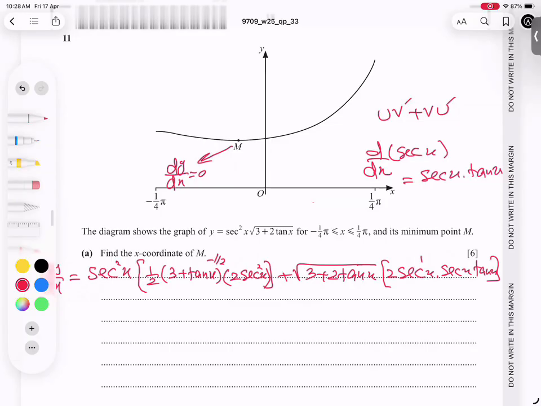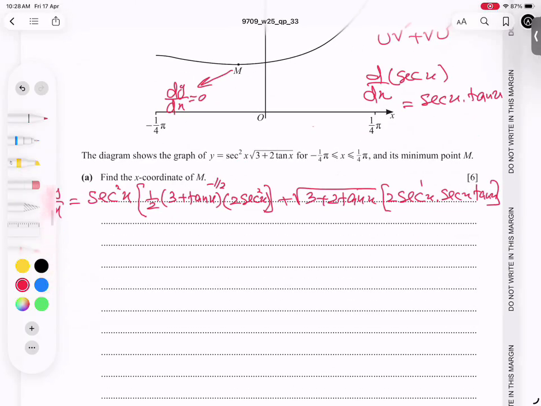Now, students, I can continue and put the derivative equal to 0, and this 2 and this 2 cancel out. This negative half will go in the denominator and become positive half, and half is called root. In the numerator, this secant and this secant will give us secant 4. And what about the other part?